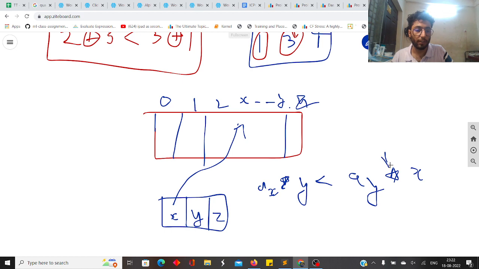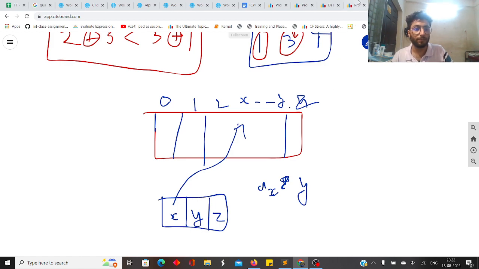So this is the XOR operator I'm calling. For all the pairs p and p plus 1, you take the array element corresponding to this position, XOR it with the next value, and this should be less than the array element corresponding to the next position XORed with the current value. So we have to satisfy this constraint.